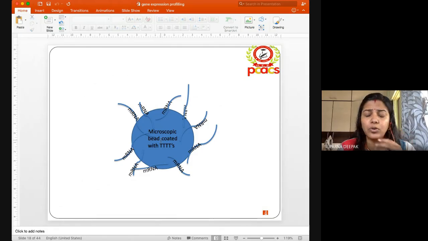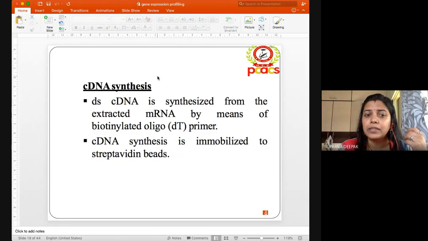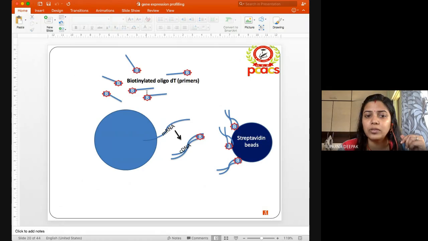So finally, what is our first step? You should have beads with the mRNA on the surface. Then, using these dT primers, the cDNA synthesis will take place, with biotin labeled primers.